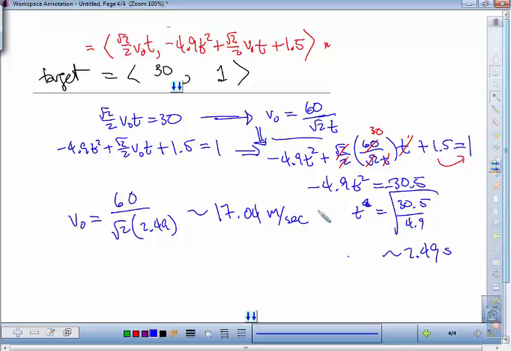It's not much farther than 15 meters per second that we had in our first problem. So if we shoot this off at about 17 meters per second, we should hit that target. Okay? Any questions? Okay, that was fun.